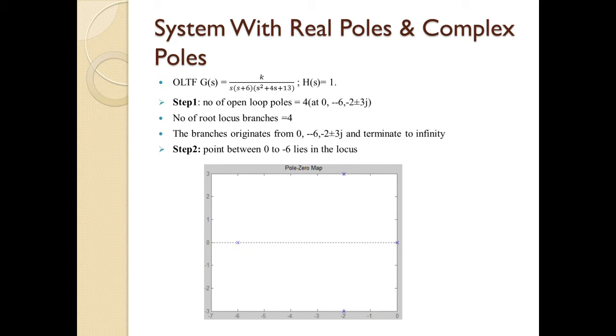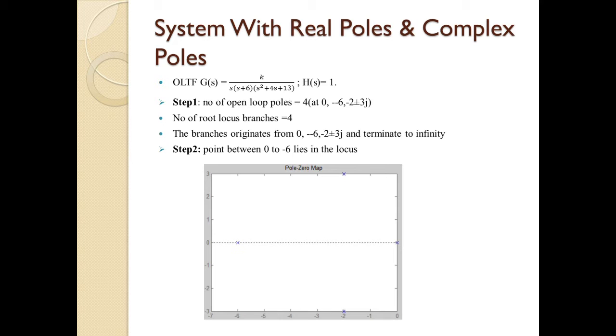So here we set the denominator equal to 0, and we get 4 poles. One pole is located at 0. From this term we get minus 6, and from this term we get minus 2 plus minus 3j. So there are 4 open loop poles. That means the root locus has 4 branches.